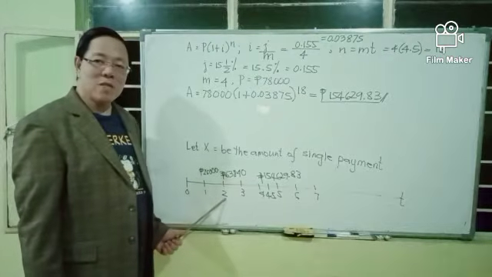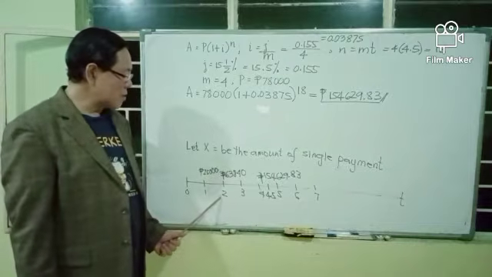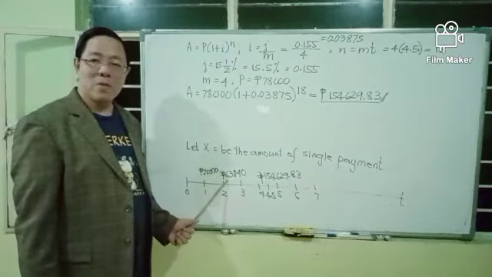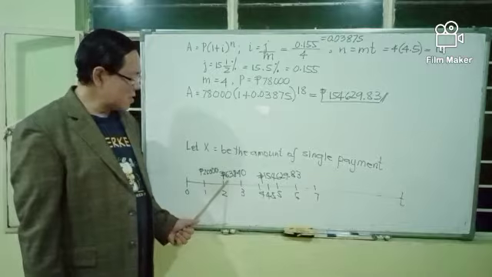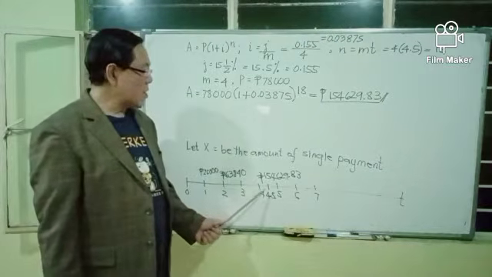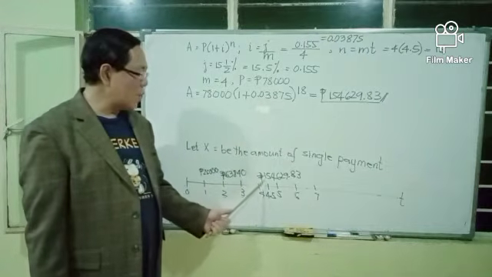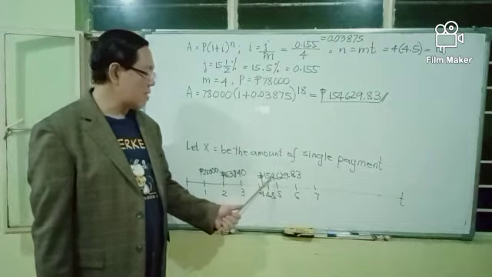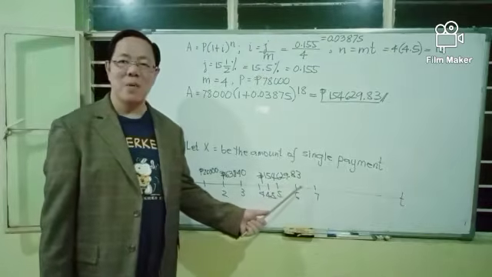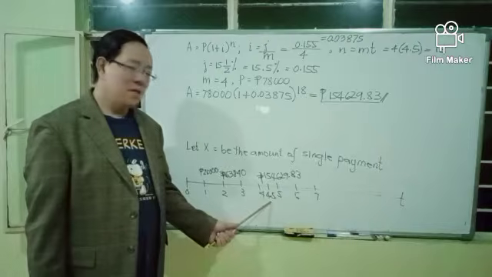The second obligation of 56,000 pesos is due or to be paid at the end of 2 years, and the amount to be paid including principal and interest is 63,840 pesos. And the third obligation, which we have just computed, has a maturity value of 154,629.83 pesos, due to be paid at the end of 4.5 years.